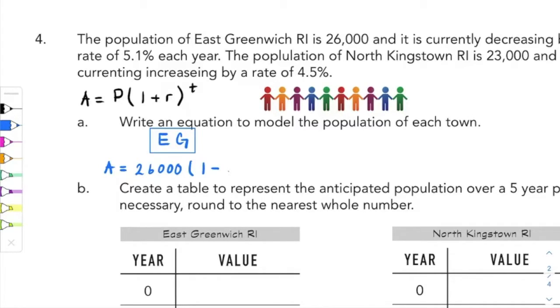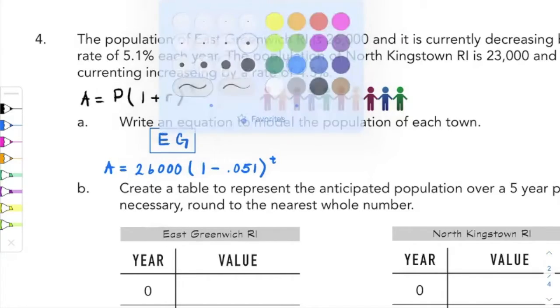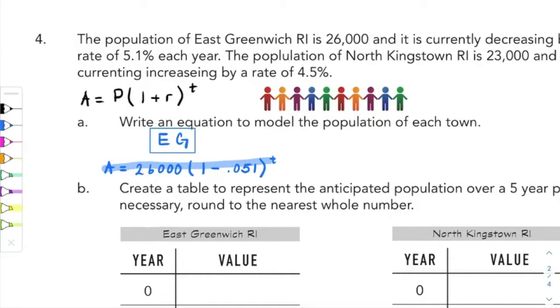So that would be 0.051 for your rate. We haven't looked at years yet, so I'm just going to keep it as a variable t, like we did on that first example. We're just writing an equation to model it. At this point, we're not asked a question about time. So here's your equation for East Greenwich: 26,000 multiplied by 1 minus 0.051 raised to the power of t.